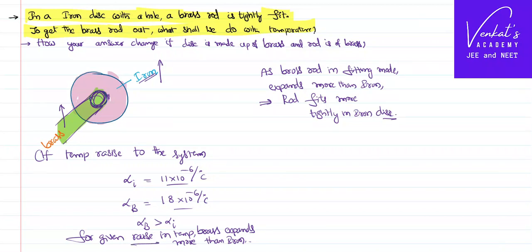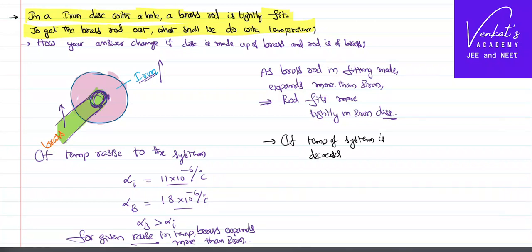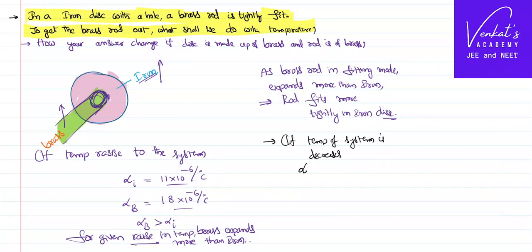What happens in the other case, if the temperature of the system, that means both of them, is decreased? Alpha is not only a measure of expansion, alpha is also a measure of contraction too.